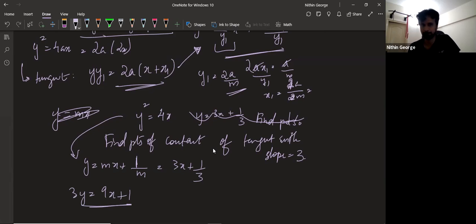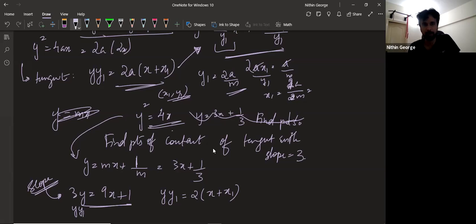Is this much clear? So this is the slope form with the slope put in instead of m. Now, how do I find the point form? The tangent at any point x1 comma y1 on this parabola will be obtained by y1 equal to 2 into x plus x1. So I can write this as y1 equal to 2x plus 2x1.